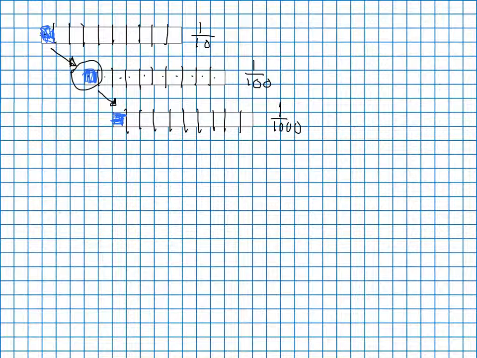Take this tenth, break it into hundredths, break that one into thousandths, and that would equal 0.001. Now, if you want to think about it in terms of dollars, it's going to be 0.001.